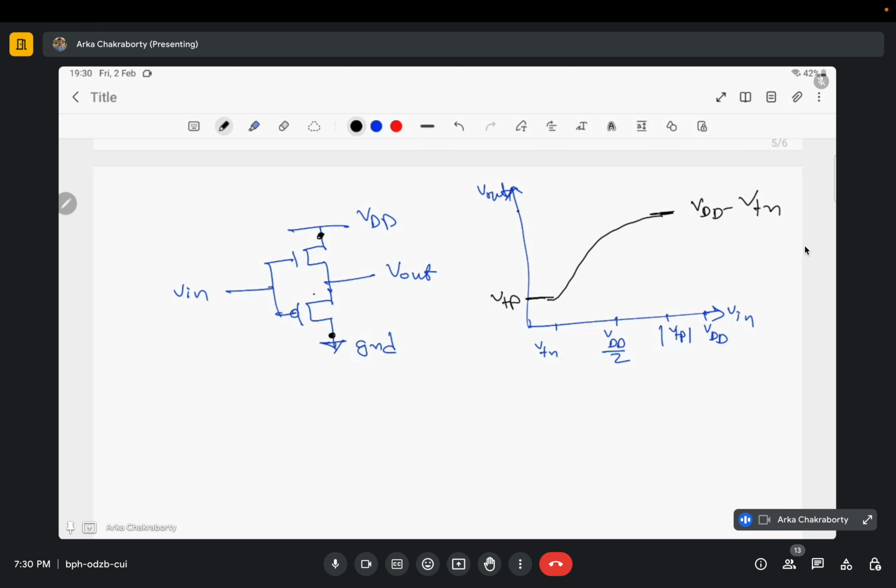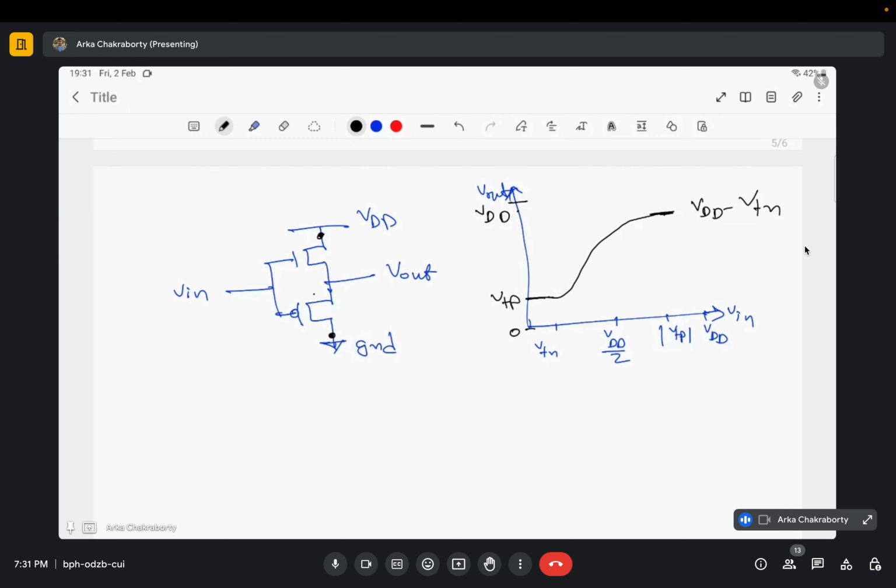So we will be getting such kind of circuit. We will be getting an output which resembles a buffer. The only difference is, instead of enhancing, the output is getting much more distorted. Instead of a rail to rail swing from 0 to VDD, I am getting a swing of VTP to VDD minus VTN. Got it? So this will be my output.